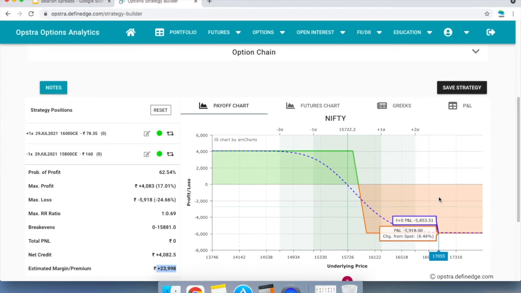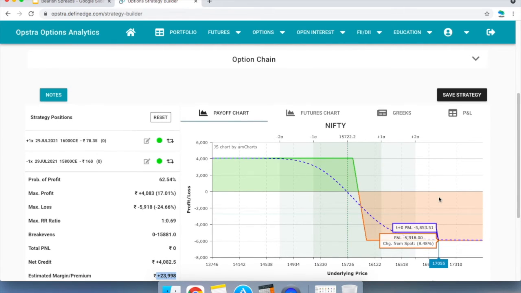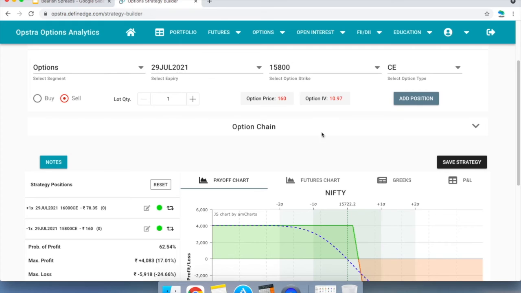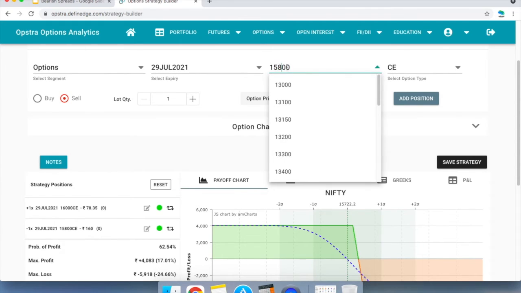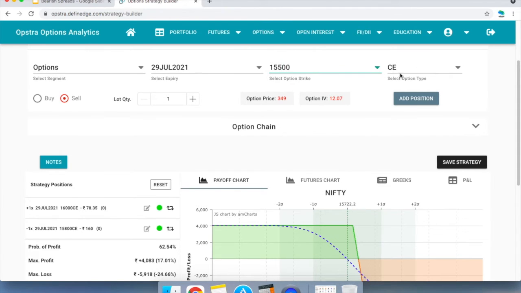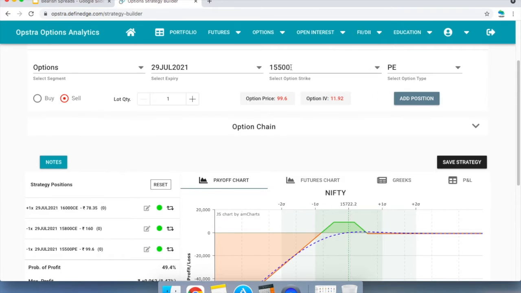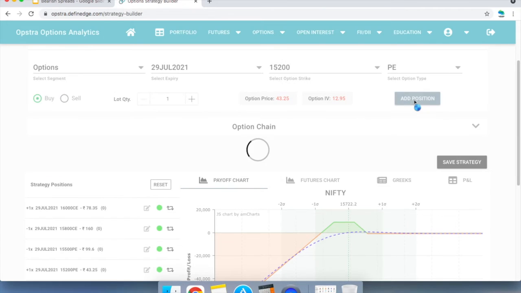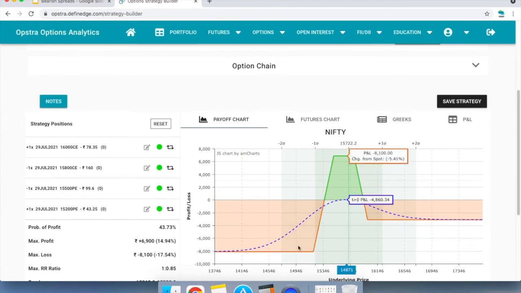So now, we talked about converting that into an iron condor, right? So what do we do here? We can go and see the iron condor for 500, right? And we can have a put and sell it, and do a put and buy it, then it becomes an iron condor, right?